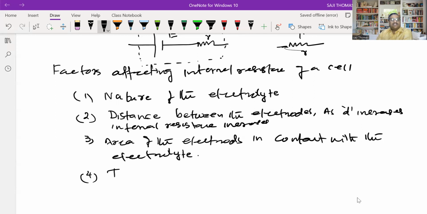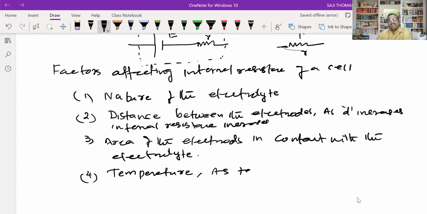Fourth one is temperature. So these are the factors affecting the internal resistance of a cell. We can do it as an investigatory project.